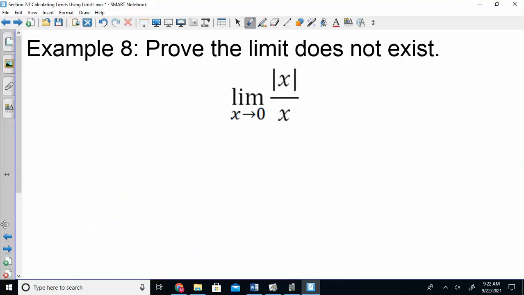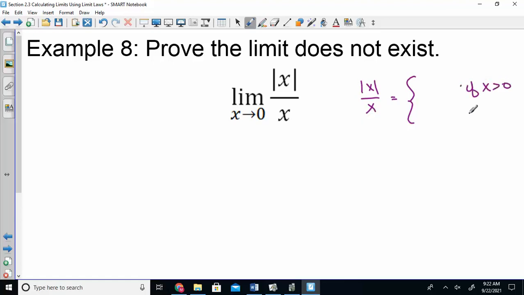Let's look at this. So I'm already telling you, this limit doesn't exist. I want to see why. So we could use a graph to do that, but we could also do it like we did the previous example. If you take this function, that's the absolute value of x divided by x. Can you plug 0 in here at all?